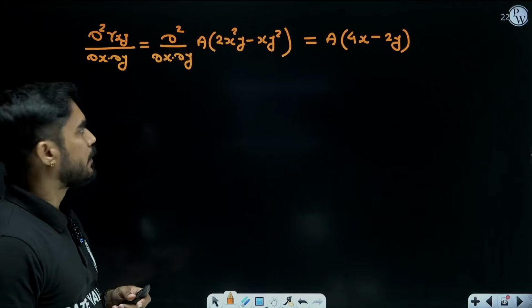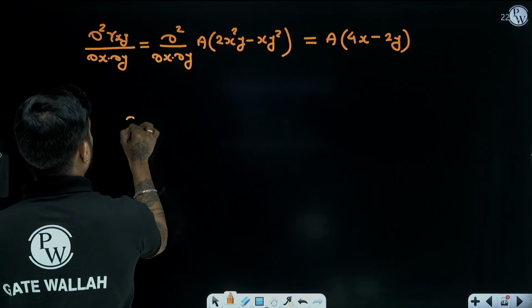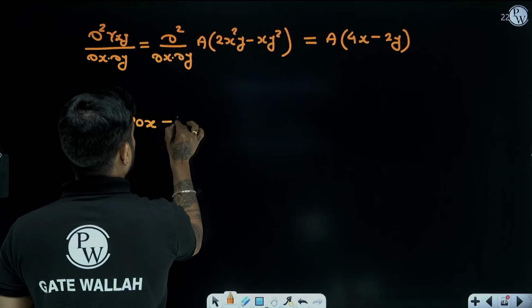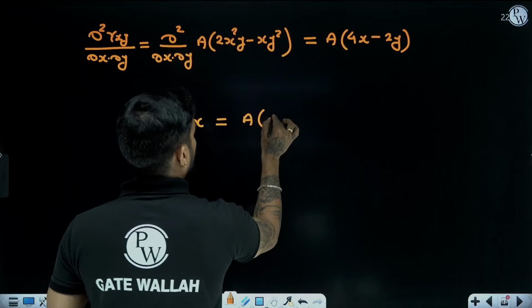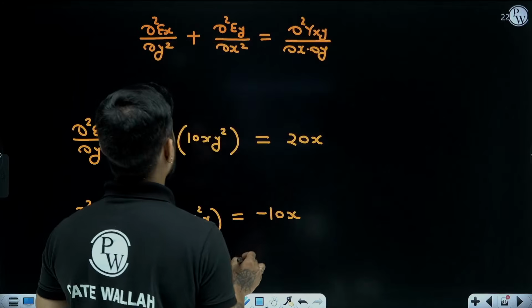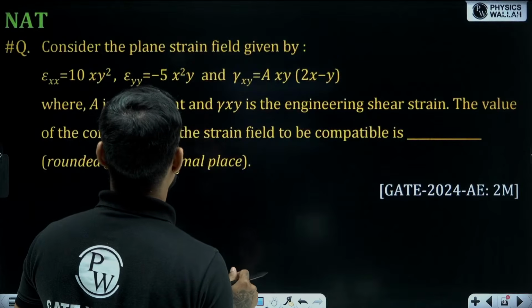Okay, now I will put all the values in this equation. So this will become 20x minus 10x equal to A into 4x minus 2y. Am I making some mistake?